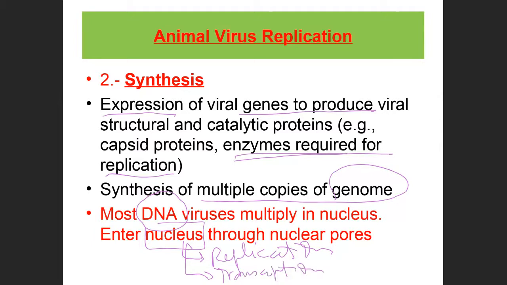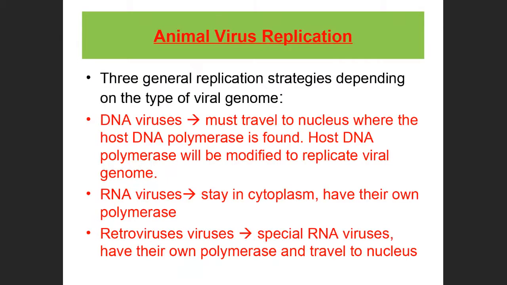Remember, it is the host DNA polymerase and the host RNA polymerase that are going to replicate and transcribe the viral DNA. So it's going to use the host DNA polymerase. It may have to be modified to replicate the viral genome, but it will be the host DNA polymerase.